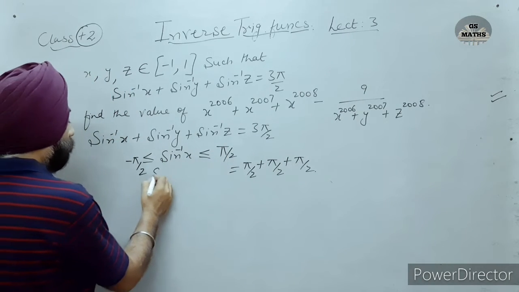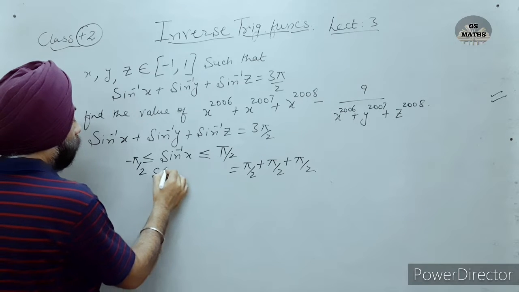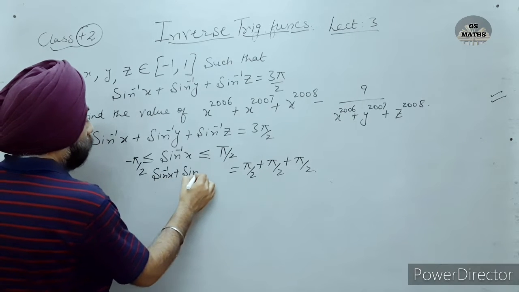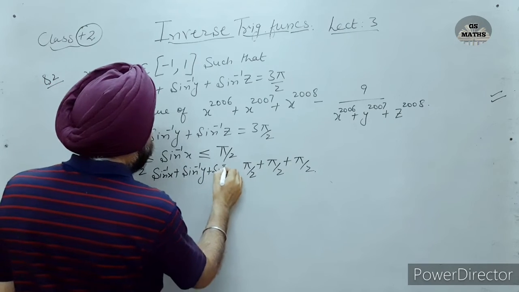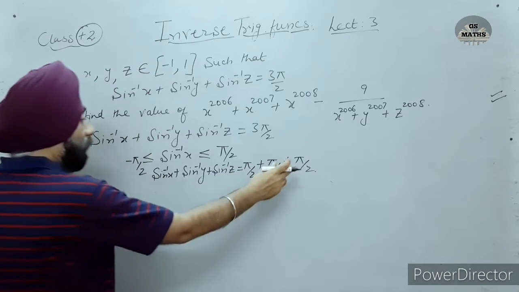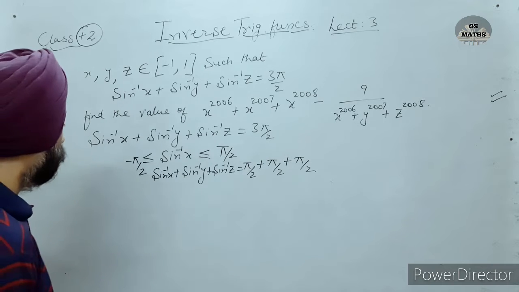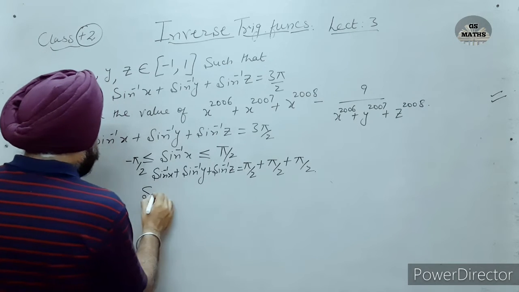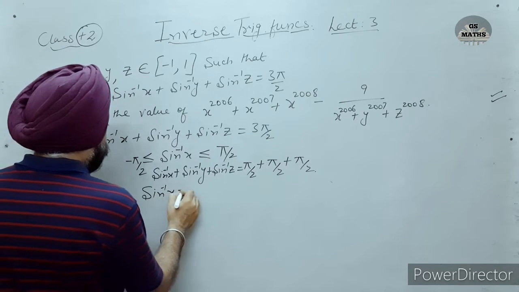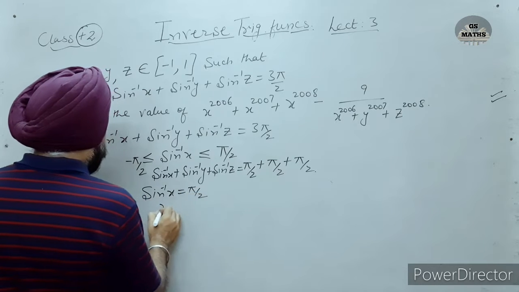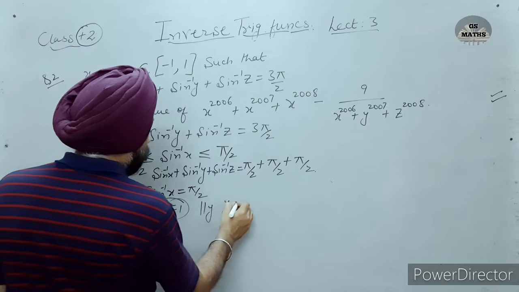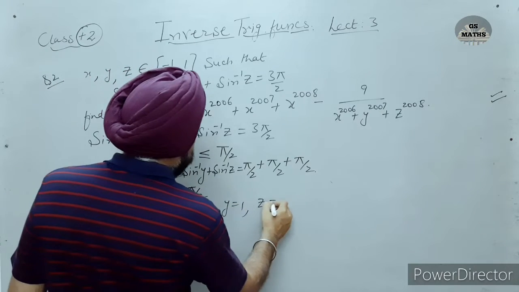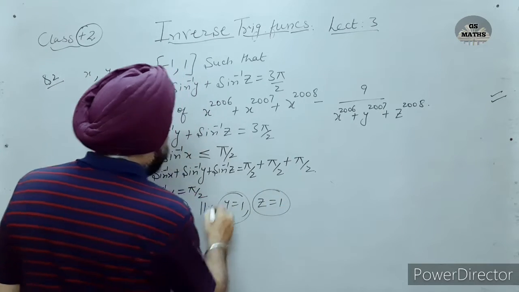So sine inverse x plus sine inverse y plus sine inverse z is equal to pi by 2 plus pi by 2 plus pi by 2, which means that sine inverse x is equal to pi by 2, that is x equals 1. Similarly, y is also equal to 1, z is also equal to 1.